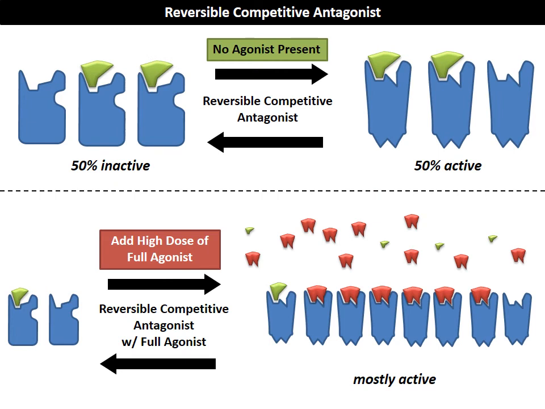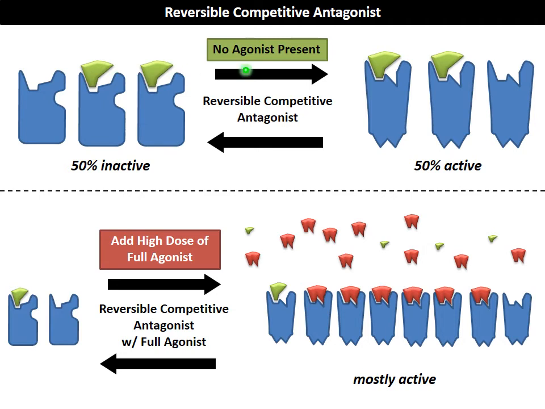So hopefully this example really illustrates the point that I'm trying to make here. So imagine we're starting off in a scenario where there is no agonist present, but we have just a little bit of reversible competitive antagonist, and this is going to be your standard neutral one. So that means it doesn't prefer inactive or active, or it basically doesn't change that equilibrium.